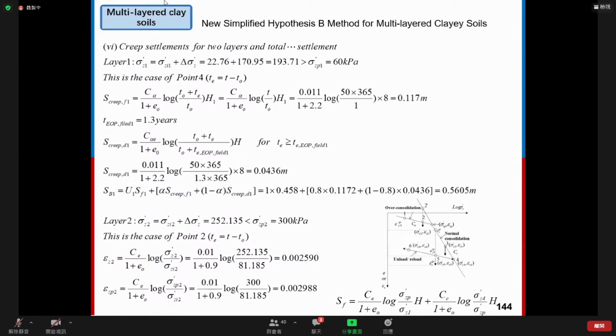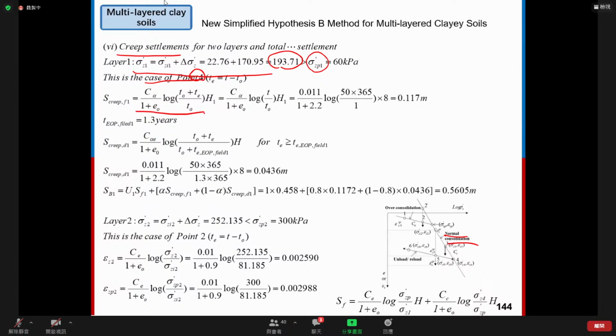So we get the TEOP already for both layers, right? So for the creep settlement for these 2 layers, first one, we should calculate the final stress first. Final stress point is larger than the pre-consolidation stress, so we will use the case of 0.4, which is on the NCL line.